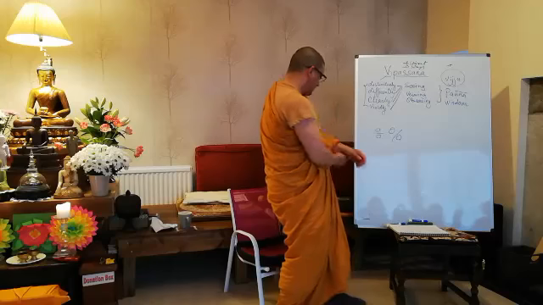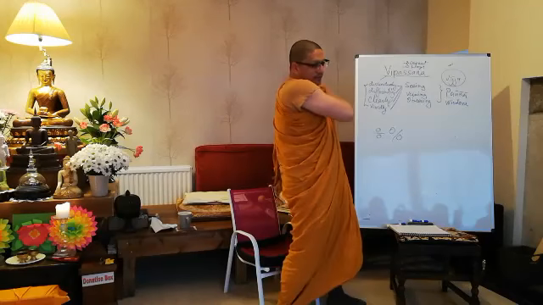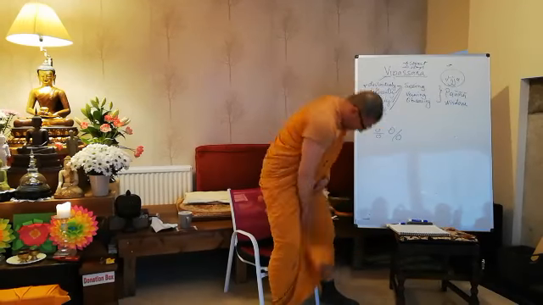So it's the sum of the 6 senses plus the senses with the object and the sense consciousness. Each element comes into the 6 senses once more.